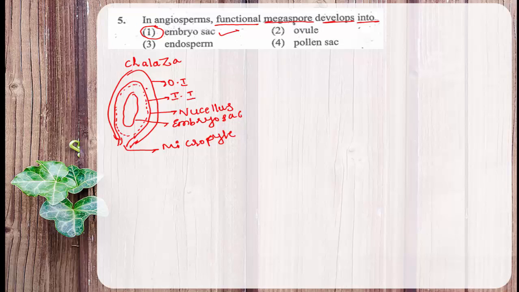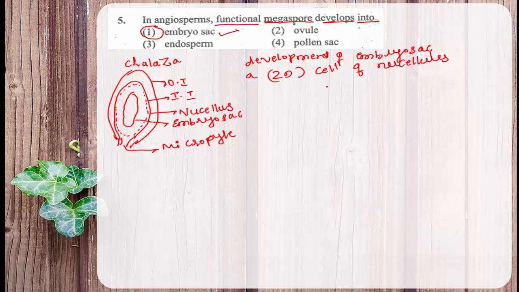So let us go for explanation. What happens? During the development of embryo sac, a diploid cell of nucellus. The cells of the nucellus are in the diploid condition.